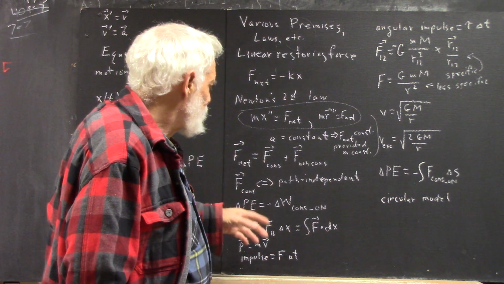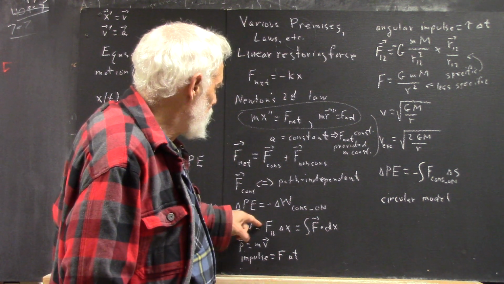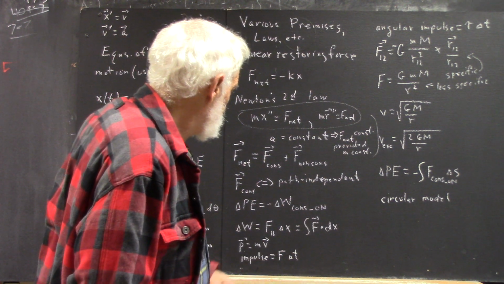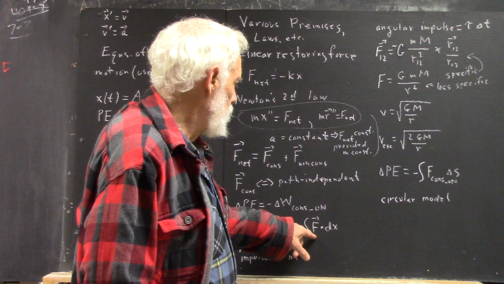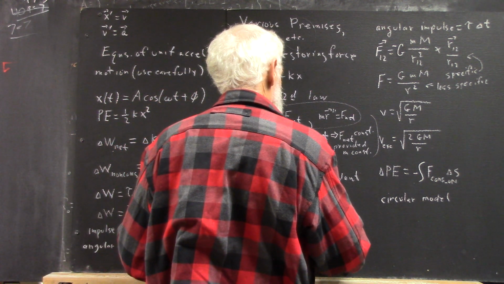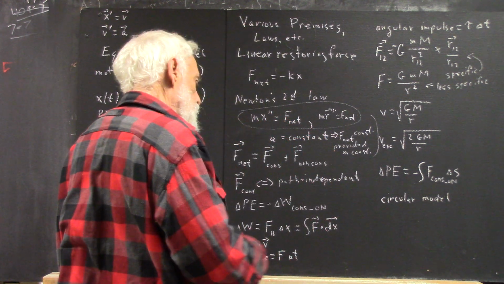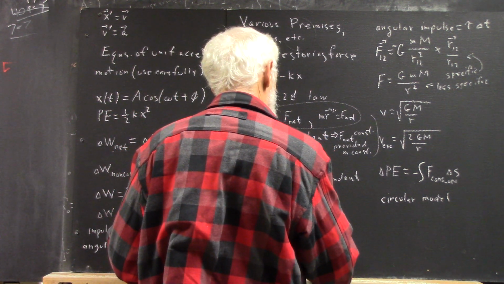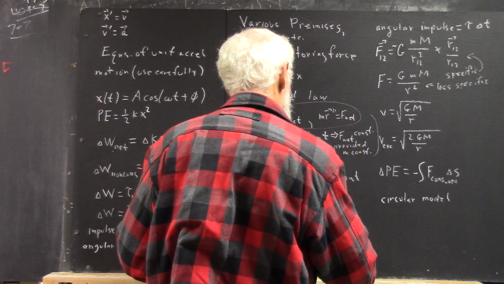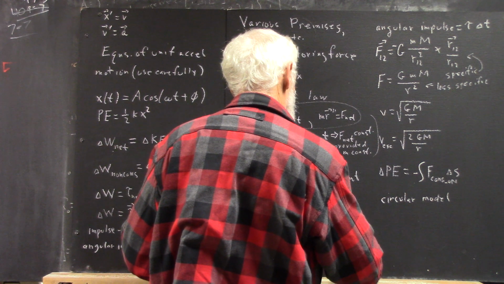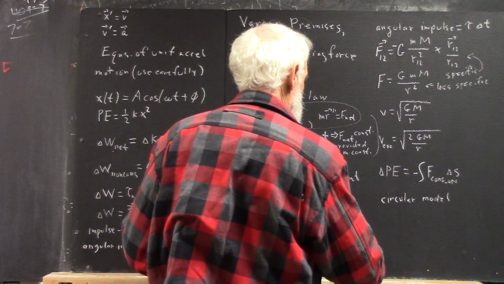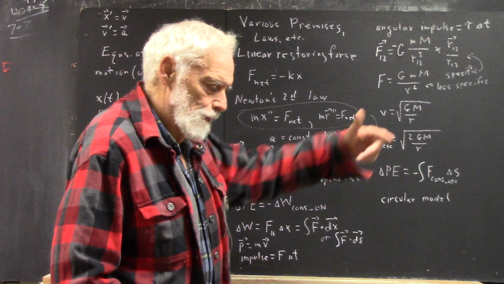Where, of course, if you're moving in the x direction, each of these things would have a positive or negative sign. In general, it's the integral of your F vector with your delta x vector, and actually we generalize it by an F dot ds, and that would correspond to a line integral.